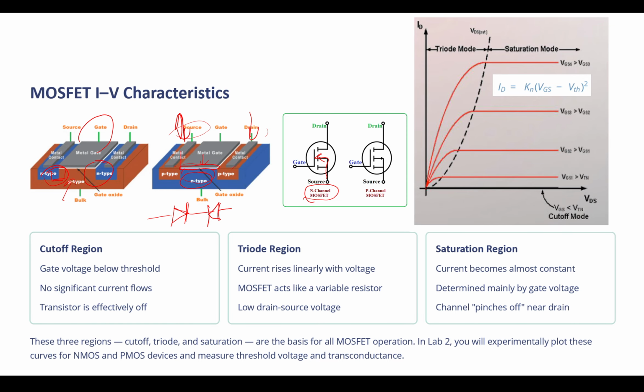We keep the source as reference. Now the V on the IV characteristic was the voltage between drain and source, and now the control that we have, the force that we have to trigger the switch, we call the voltage between gate and source.